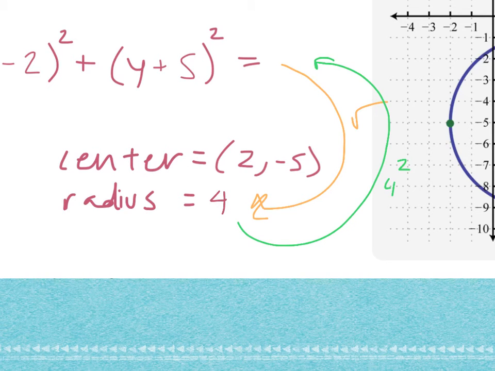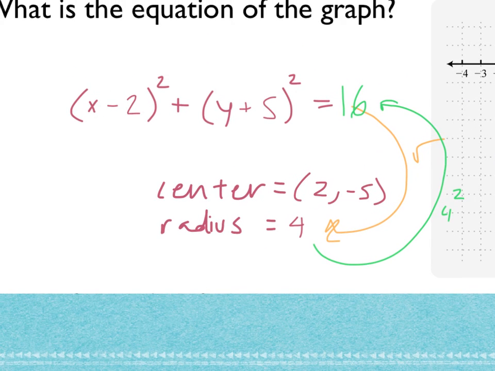So we have 4 squared, which is 16. So this is our equation for the circle. Any questions here?